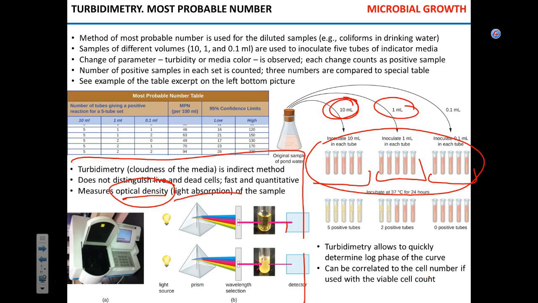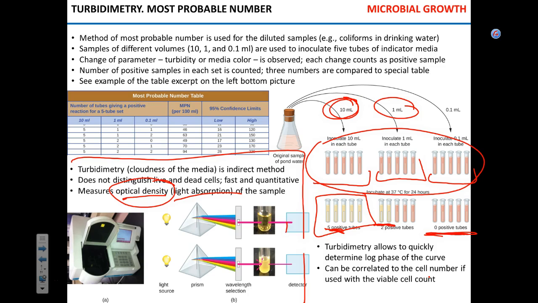So the result will be that in the 10 milliliter inoculum series, all tubes show growth, 5 positives. In 1 milliliter series, only 2 tubes show growth. And in 0.1 milliliter series, none of them showed growth.